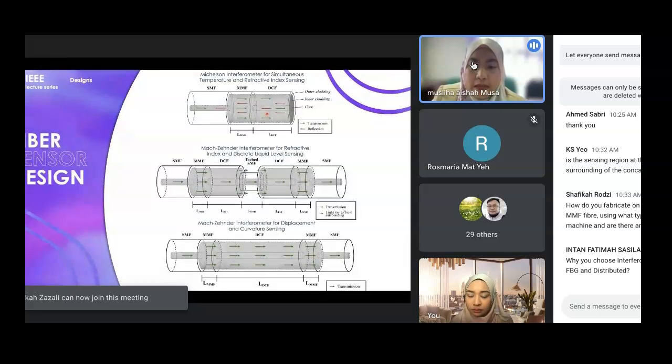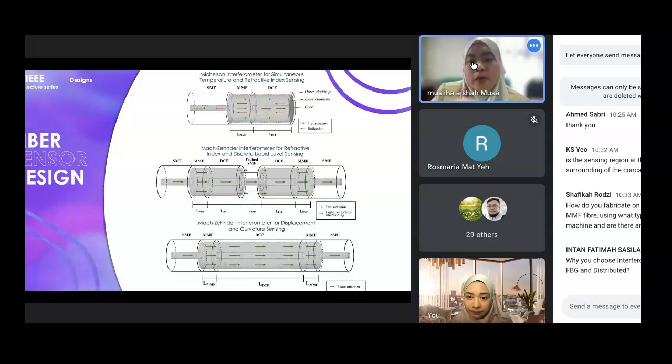When we want to sense a parameter such as refractive index outside of our sensor, we must do some modification. For this one, we use a fiber so that the light can travel to the surrounding and then couple back.